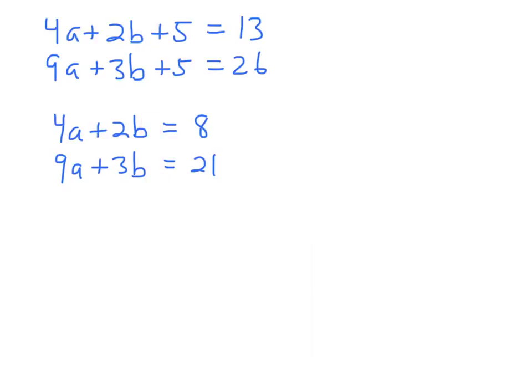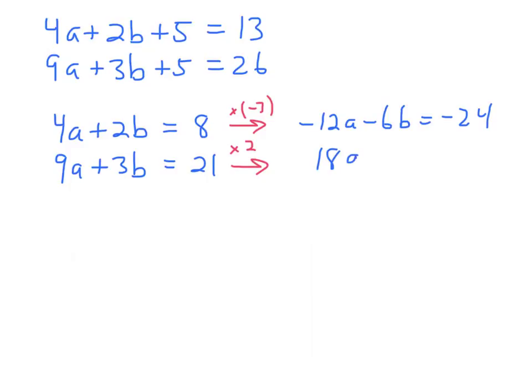So if we multiply the top equation by -3 and the bottom equation by 2, let's see what we get. So we'll have -12a minus 6b equals -24, and then in the bottom we'll have 18a plus 6b equals 42.